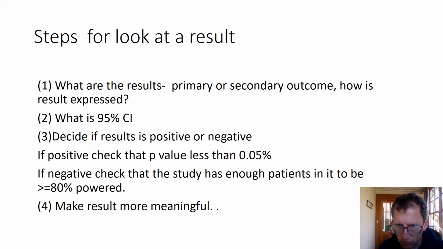And then having done that, we try and make the result more meaningful. By more meaningful, what I mean is, if you've got a ratio, let's say I found that taking flucloxacillin doubles my risk of hepatotoxicity compared to dicloxacillin, and that's true. Well, you want to work out, in absolute terms, what does that mean?